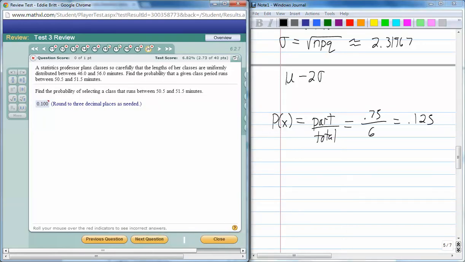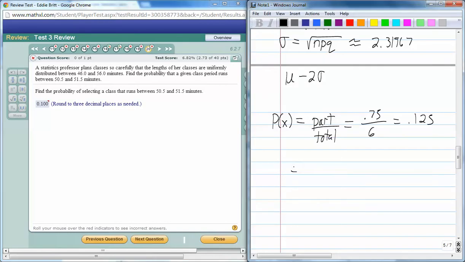This is another problem where it says the lengths of the classes are uniformly distributed between 46 and 56 minutes. So again, we want to do part over total. The total time of the class is 46 to 56 minutes. So that's a 10-minute interval.